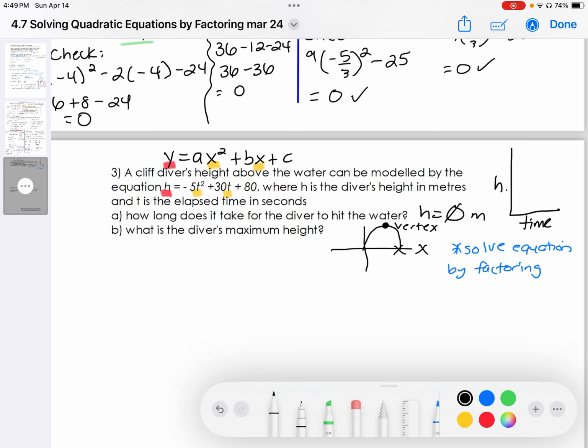Okay? So when you have a motion question, like something has been thrown, the diver throwing himself, kicking a soccer ball, any of those, often the equation has a negative 5 in front of it. Those of you that are science buffs, the acceleration due to gravity is 9.8.